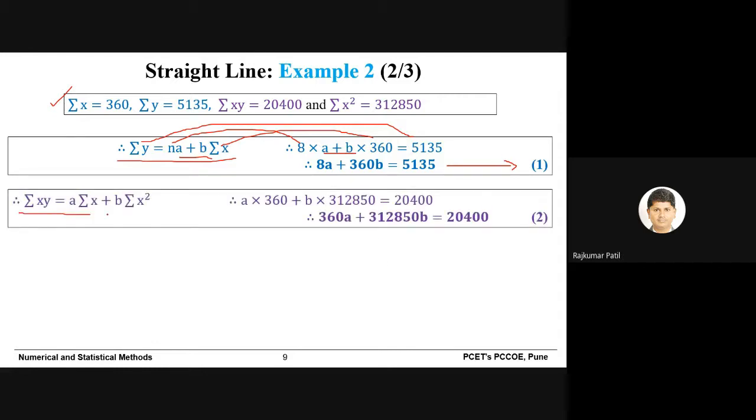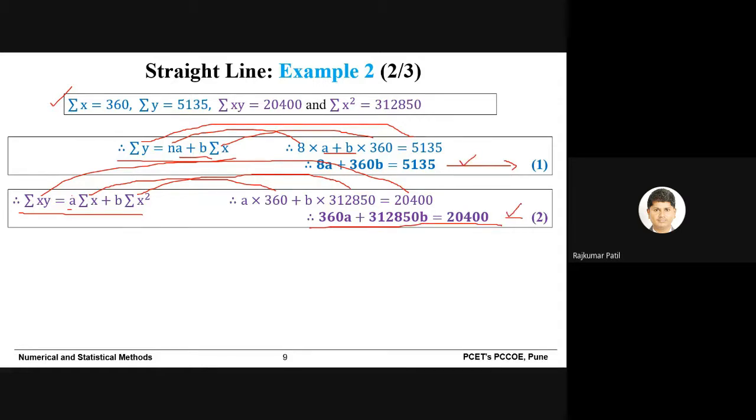Similarly, in the second normal equation, a is unknown, summation x is 360, summation x square is 312850, which is equal to summation xy, that is 20400. When you simplify it, you will get the second equation as 360a + 312850b = 20400.